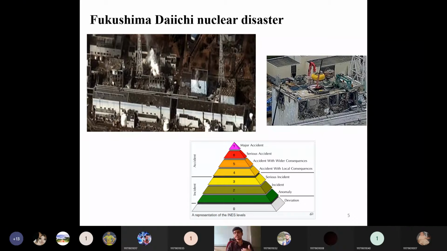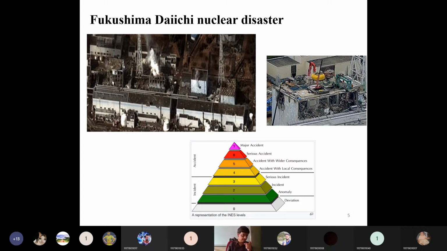Then level 5 is an accident with wider consequences, affecting a wider number of people. A very serious accident is classified as level 6, and a major accident is classified as level 7. The impact is very high in the major accident classification.